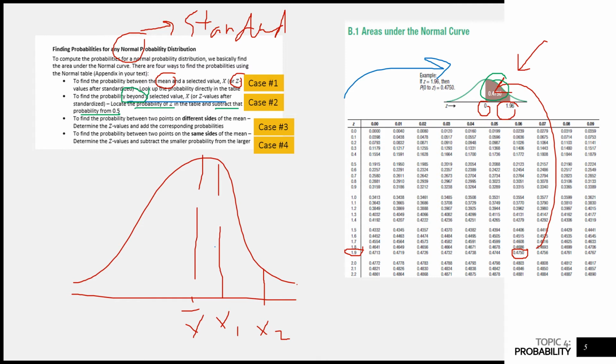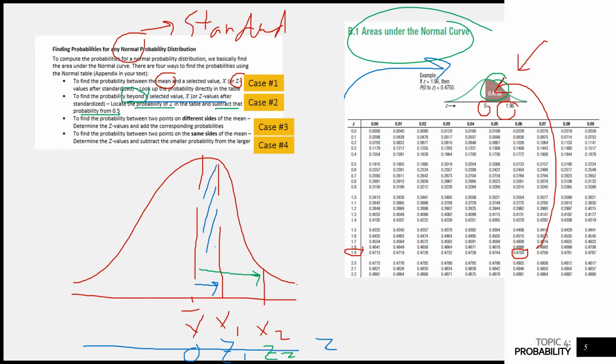So what you need to do first is find the z value for x1. Meaning it's from here to here. If you were to find the z, you'll get here 0 and here is z1. And then secondly, you need to find the z value for x2, which is from the mean until x2. So you will get z2. Remember, whenever you read the table, it always starts from the mean. As you can see here, you've got two areas. One is the blue area.